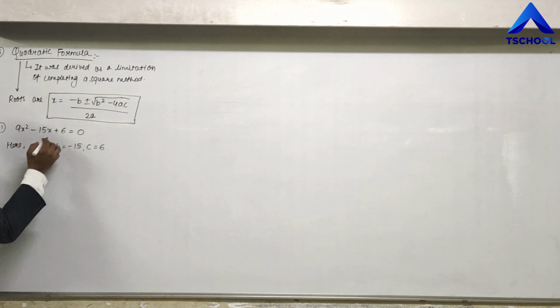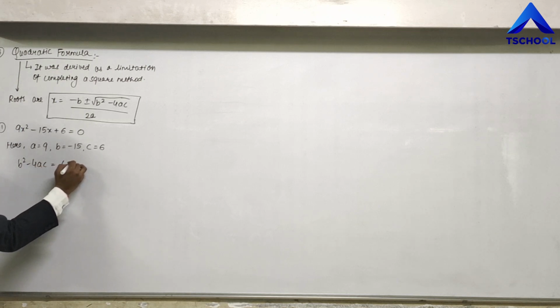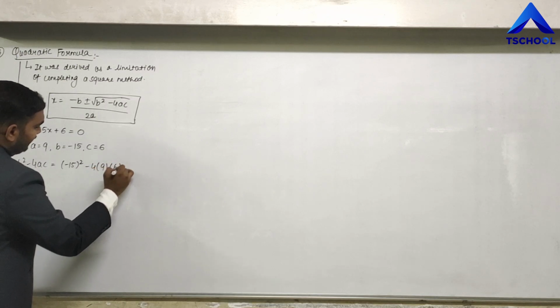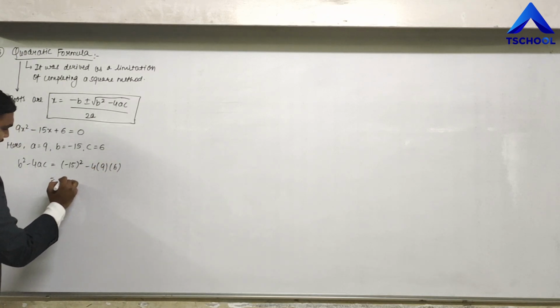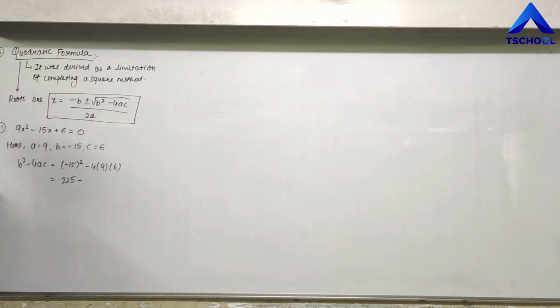Therefore, first of all, finding out b square minus 4ac, that is minus 15 square minus 4 into 9 into 6, that is 225 minus 24 into 9. What is 24 into 9?